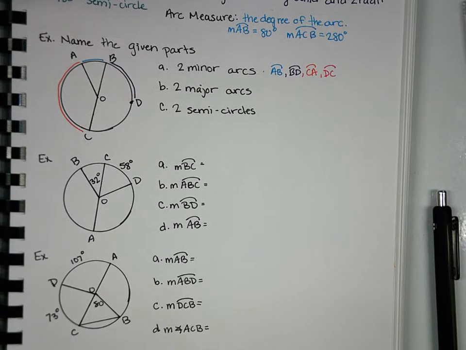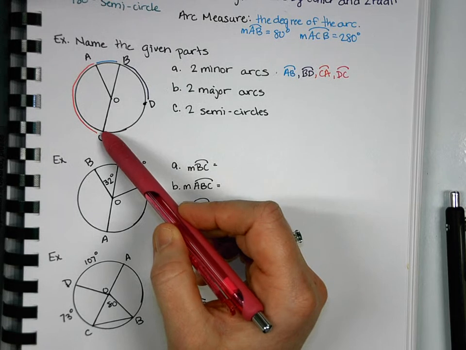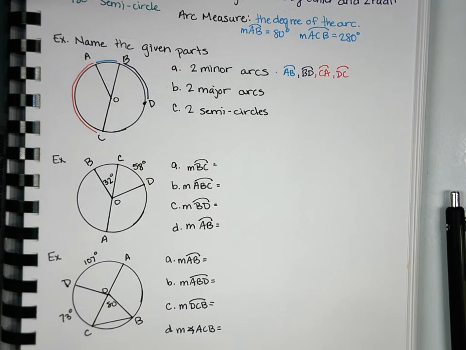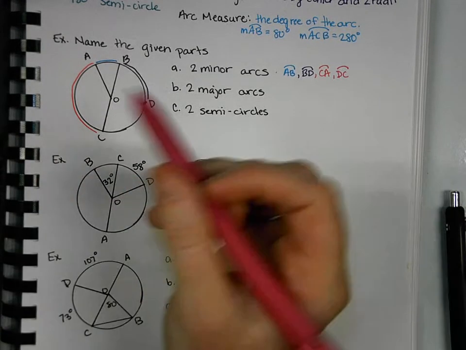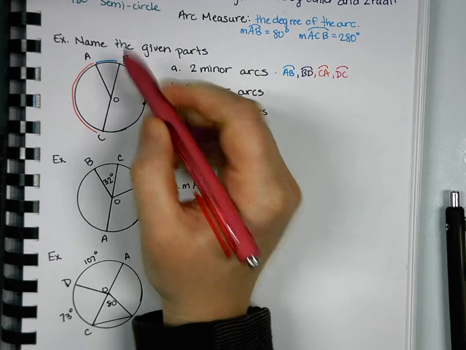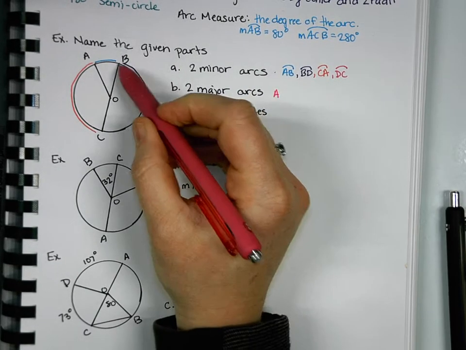Can there be A to B to D to C, all 4 of them, or no? Well, if we start at A and go this way all the way to C, that's more than 180. That's more than a semicircle, so that's actually a major arc. When we do major arcs, which is the next one, we only need 3 letters. So if we're talking about A, B, D, C, the key ones we would need are A, then pick B or D. You don't need both.